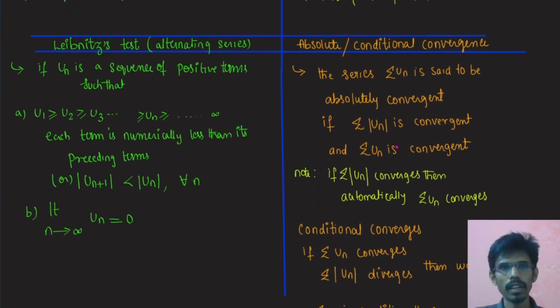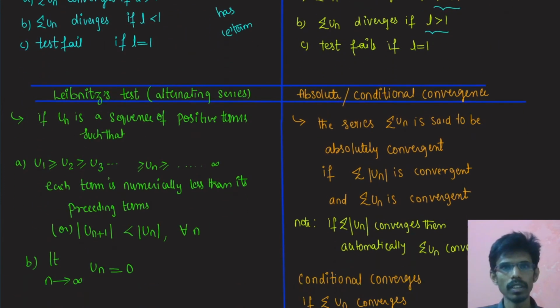Now the next is the 7th test, that is Leibniz test. This test is for alternating series. Alternating series means positive term, negative term, positive term, negative term, like that. So if un is a sequence of positive terms such that u1 is greater than u2 is greater than u3, and so on, it means that the first term is greater than the next term, the second term is greater than the third term, or we say in reverse, the third term is less than the second term, less than the first term.